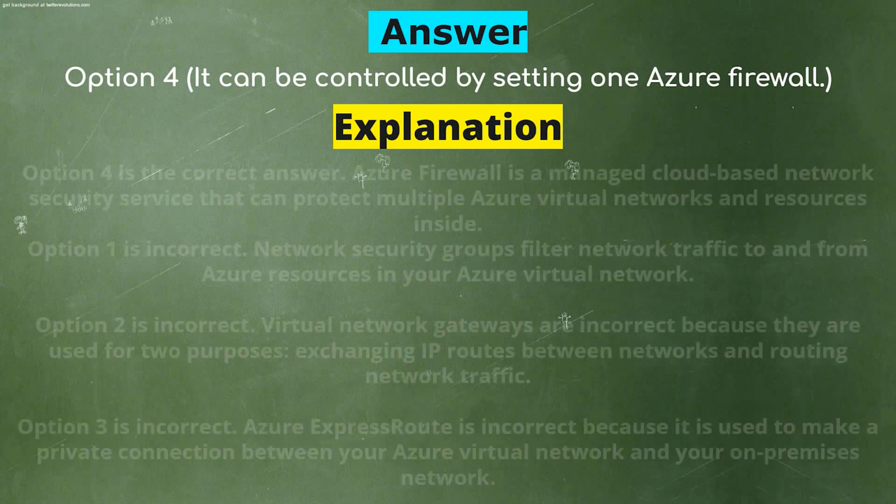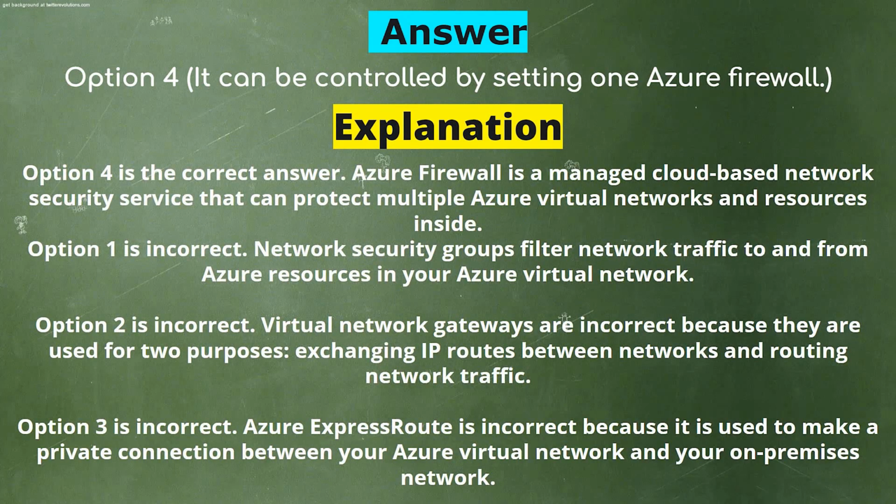Explanation. Option 4 is the correct answer. Azure Firewall is a managed cloud-based network security service that can protect multiple Azure virtual networks and resources inside. Option 1 is incorrect. Network security groups filter network traffic to and from Azure resources in your Azure virtual network. Option 2 is incorrect.